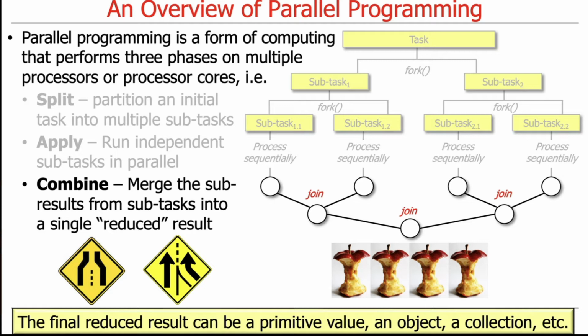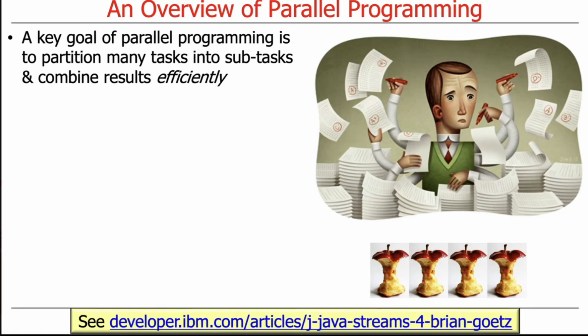Joining typically takes place in its own set of subphases, where you take the results from intermediate stages and join them together until you finally end up with a final reduced result. That final reduced result is typically either a primitive value, like an integer, or an object, like a string, or a collection, like a hash map, a set, or a list of some kind. So that's what we do when we reduce everything to its final results.